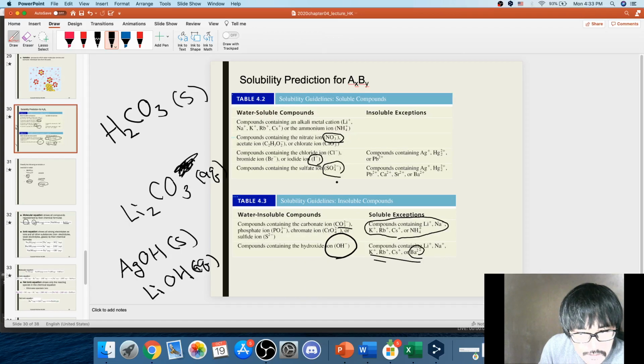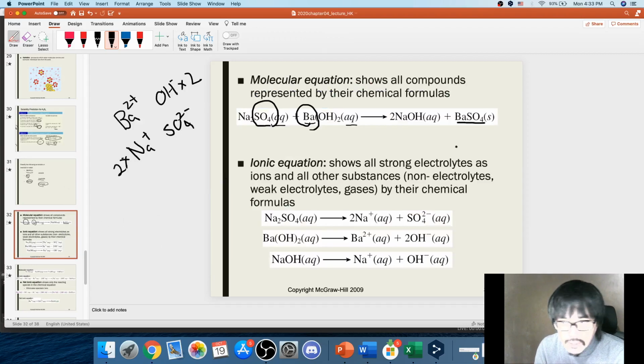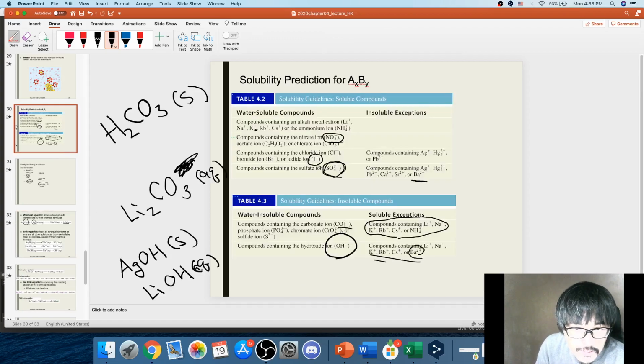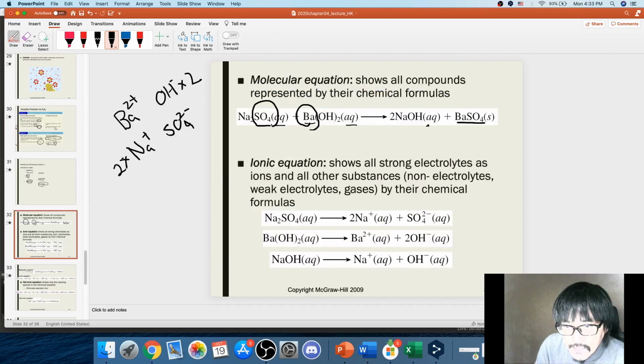The SO4 2 minus is water soluble except when combined with the Ba, so that's water insoluble. So I have to put solid in here. And then the NaOH is water soluble, since Na is water soluble no matter what. So that's AQ. These are called molecular equations.